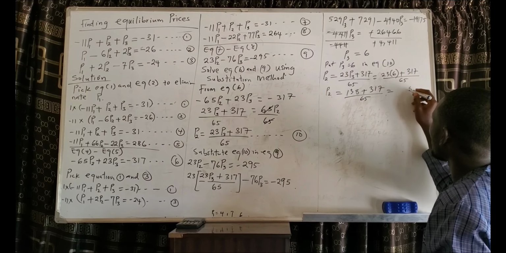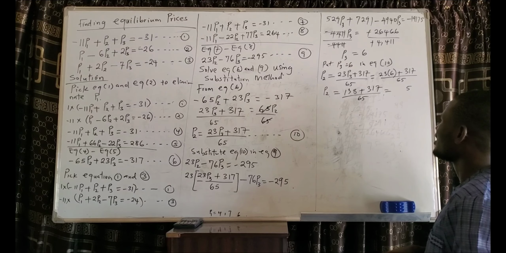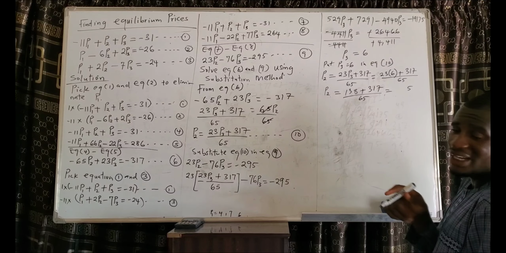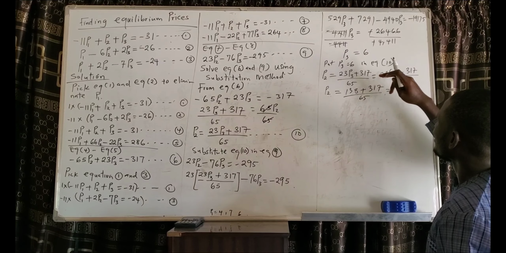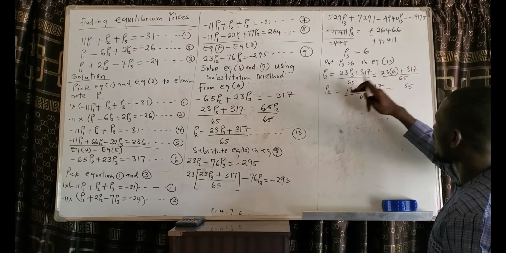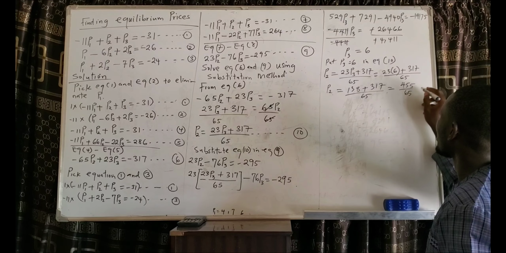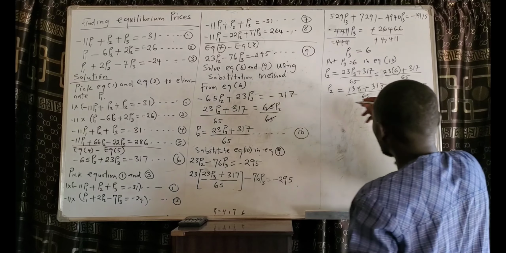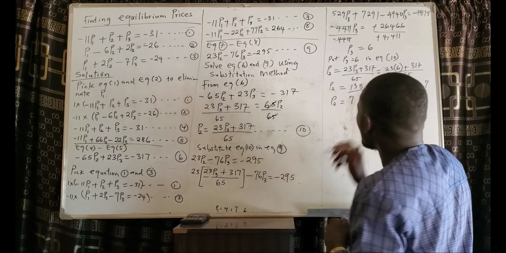You write 5, carry 1. 3 plus 1 is 4. Plus that 1, making 5. Then 3 plus 1 is 4. Divided by 65. This will give us 7. That is P2 is equal to 7.